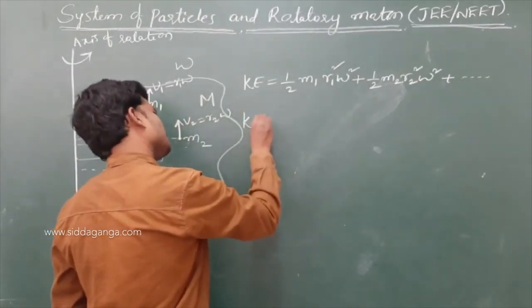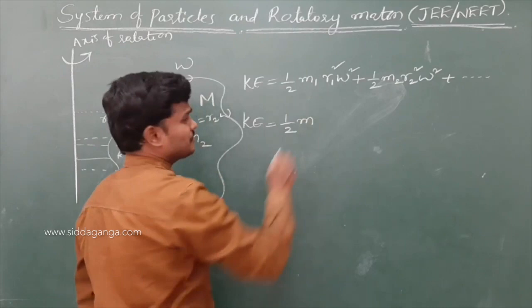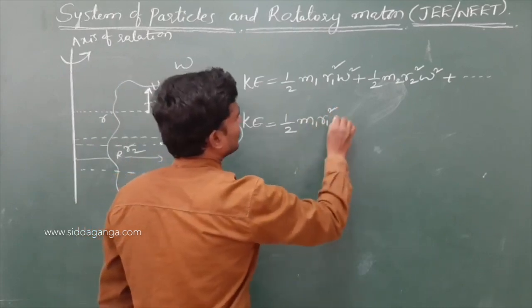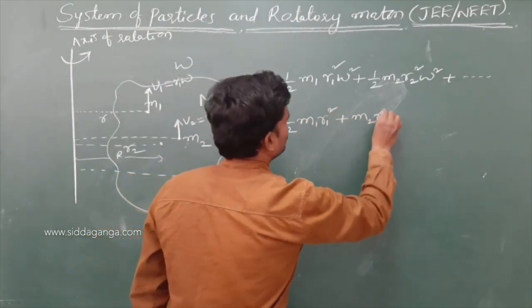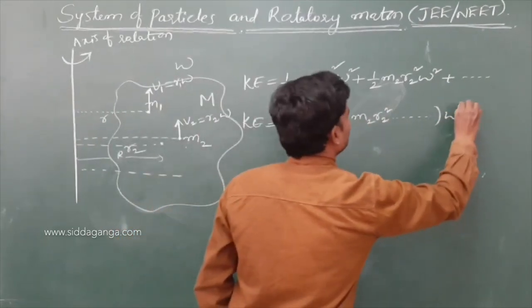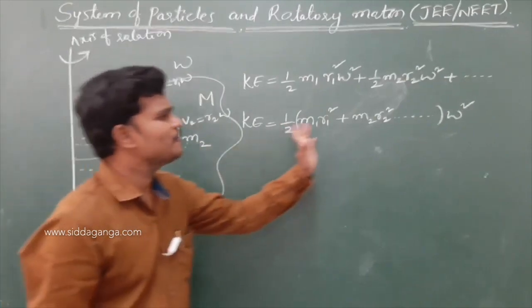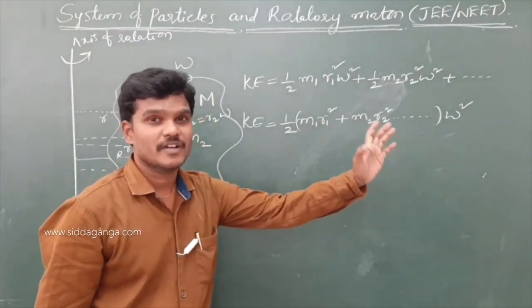Now the kinetic energy of the body is half (m1 r1 square plus m2 r2 square, and so on) into omega square. This equation looks like half m v square in linear motion.